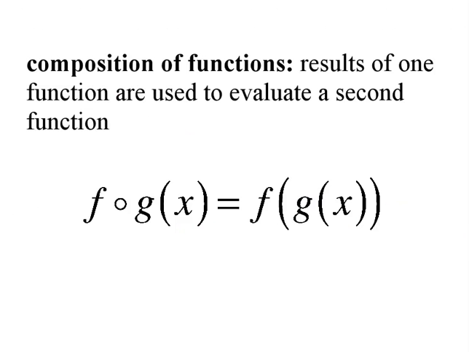All right, so composition of functions. Results of one function are used to evaluate a second function. My upper level kids call this fog and goth. Okay, for those of you that can't figure fog out, look at how it's actually written and you might see where the fog comes from.